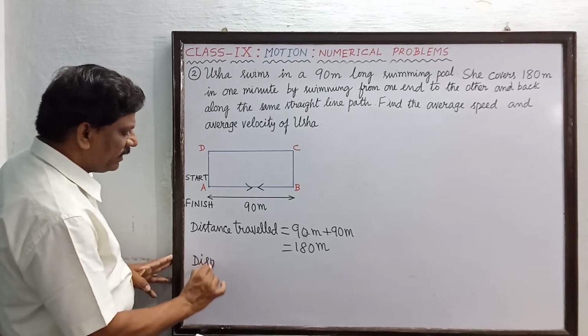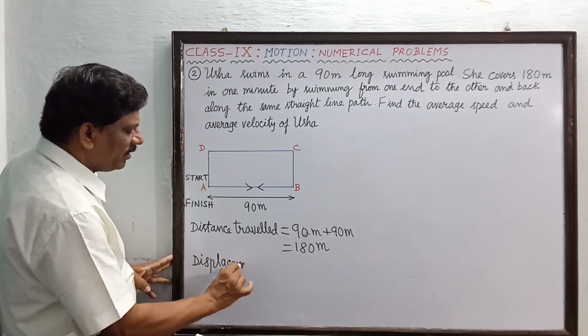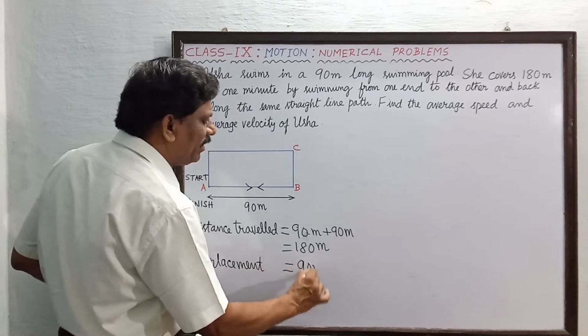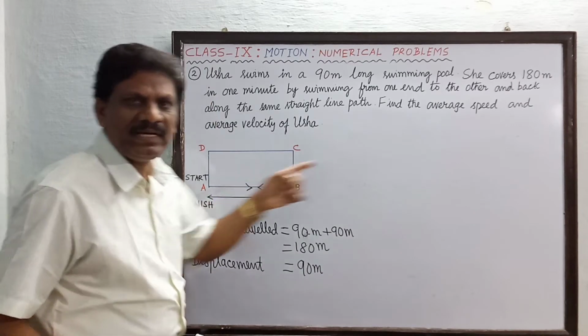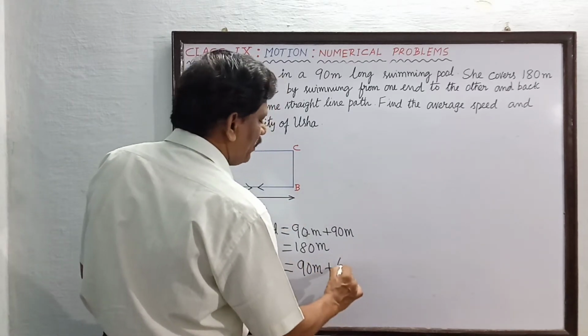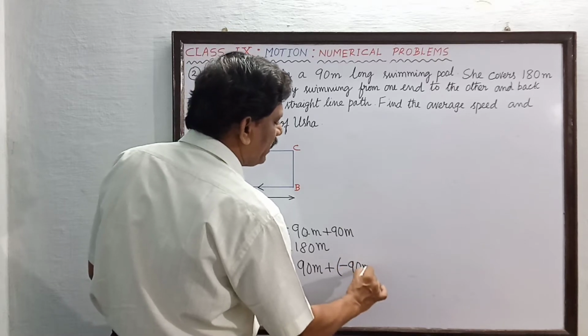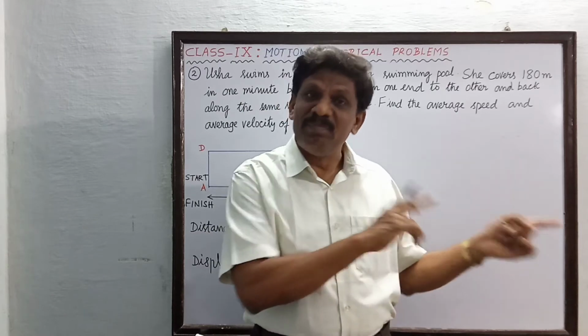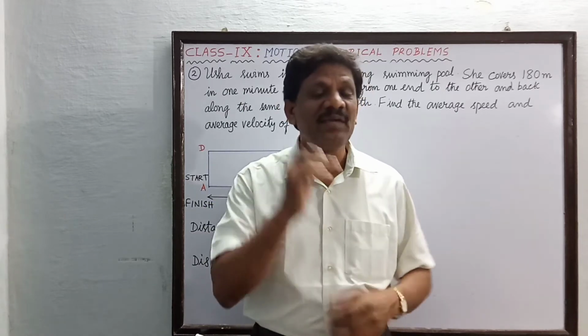Now what is the displacement? For displacement, how do you find it? It is 90 meter from A to B, and minus 90 meter is the displacement from B to A. Why am I using a minus sign?